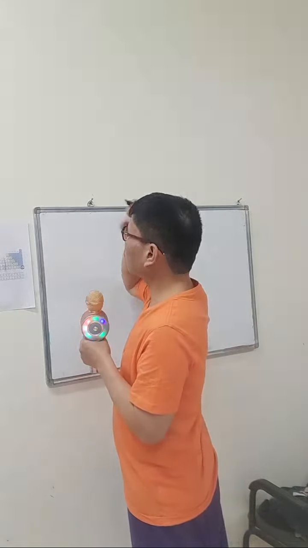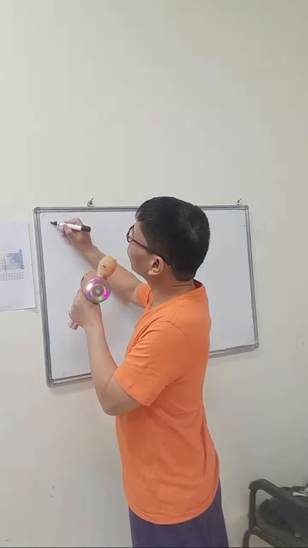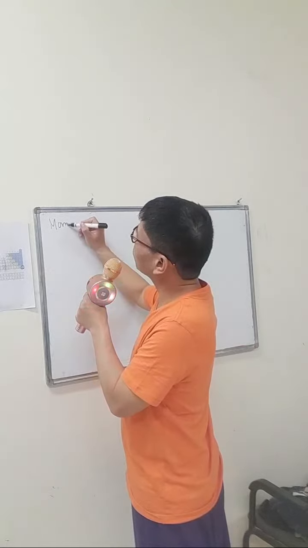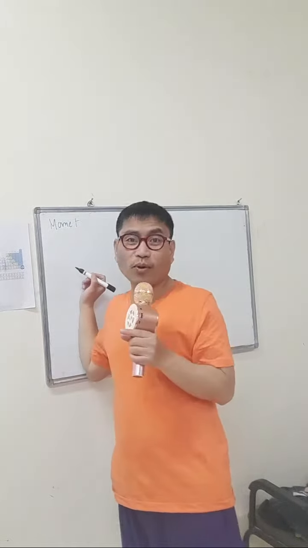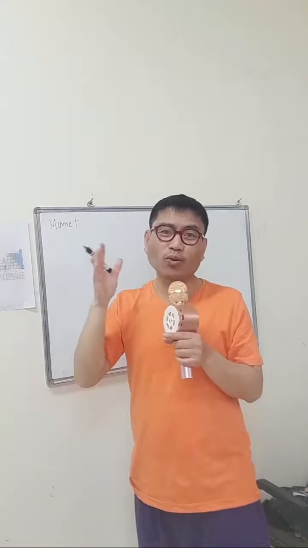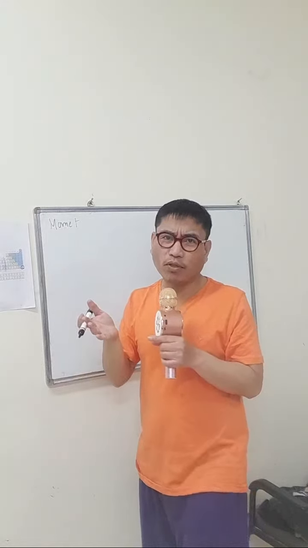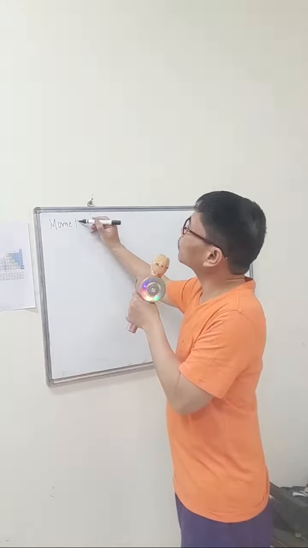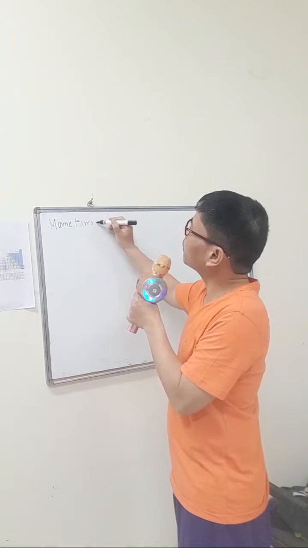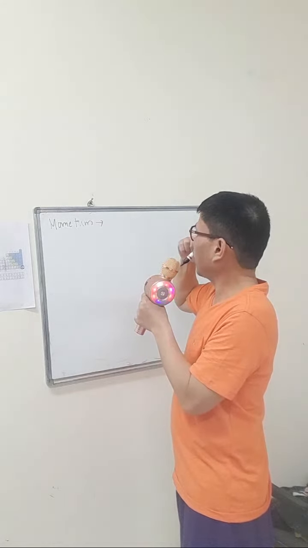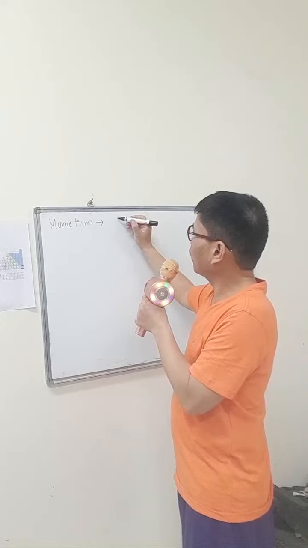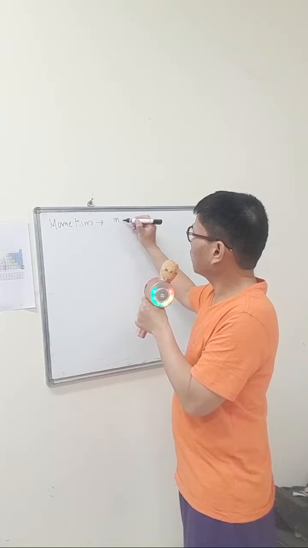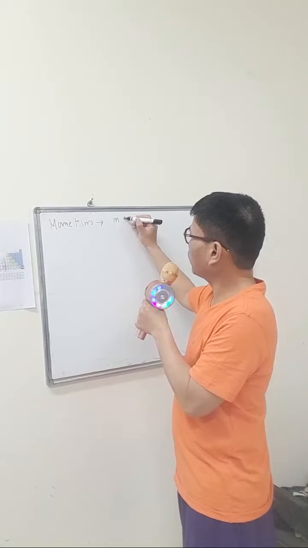Okay? So for example, guys, we have momentum, right? Because we're dealing here with angular momentum, so we need to talk about momentum also. Okay? So the momentum is defined as mass times the change in velocity, or delta v.